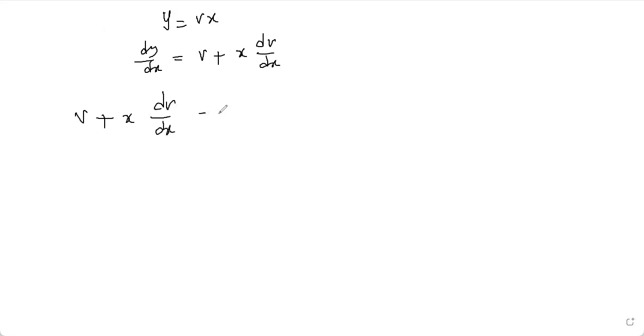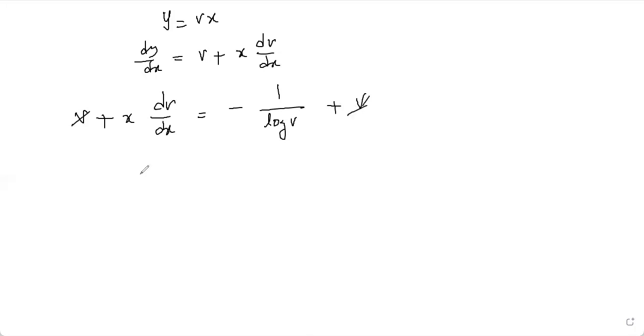What we got, and then let us put y is equal to vx. Again, dy by dx is equal to v plus x dv by dx. On the left hand side, v plus x dv by dx. Now this will be minus 1 by log v plus y by x, which is v. So these two get cancelled.